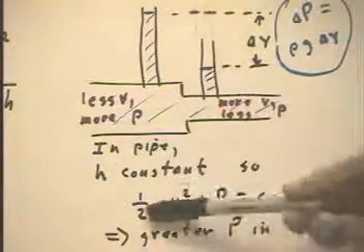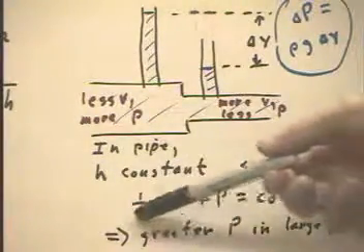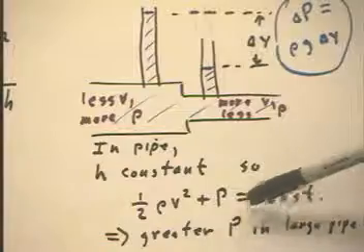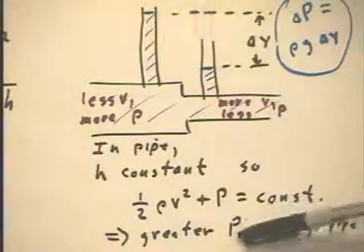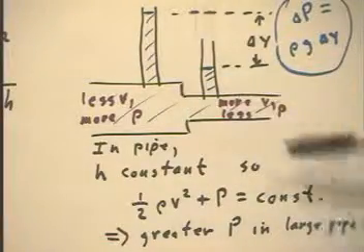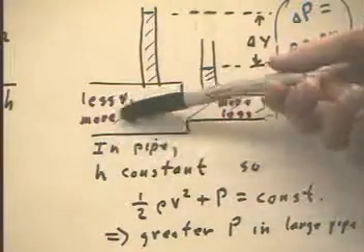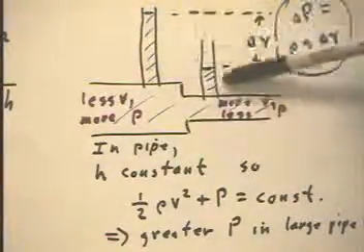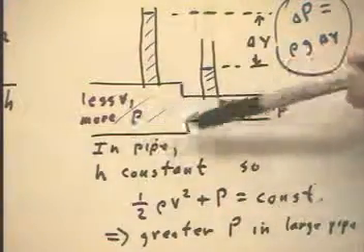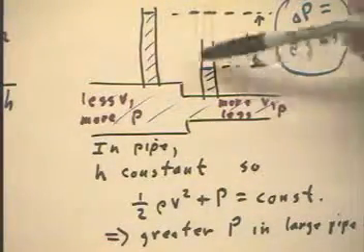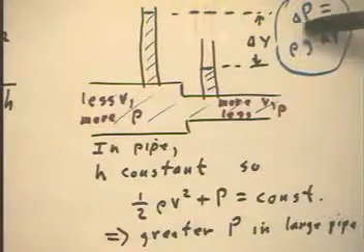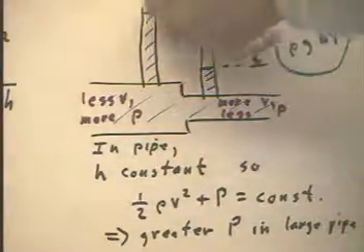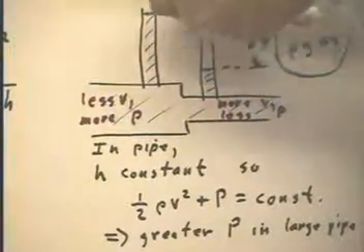It follows, since H is constant, that your kinetic energy and pressure terms are going to have a constant sum, which means that there's greater pressure in the larger pipe. Since the velocity here is greater, the pressure here is greater, which is consistent with what we see here. And the difference in the pressures should actually be the same as the difference in the water levels here. That is, the difference in the pressure should be your rho g times this delta Y.